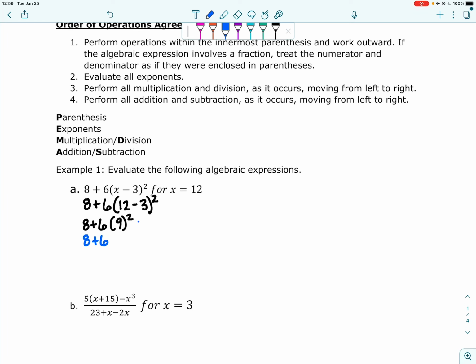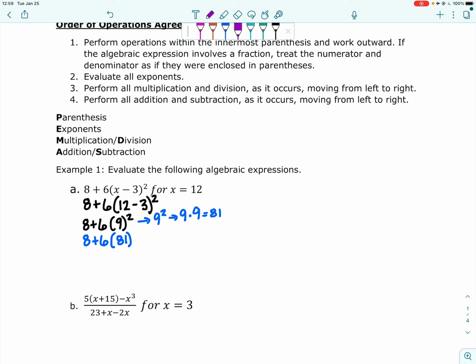Remember, 9 squared means I'm going to multiply 9 two times, 9 times 9. If this was 9 to the third power, then I would multiply 9 three times. So the exponent tells you how many times you're multiplying that number. So 9 times 9 is 81. So this becomes 6 times 81.